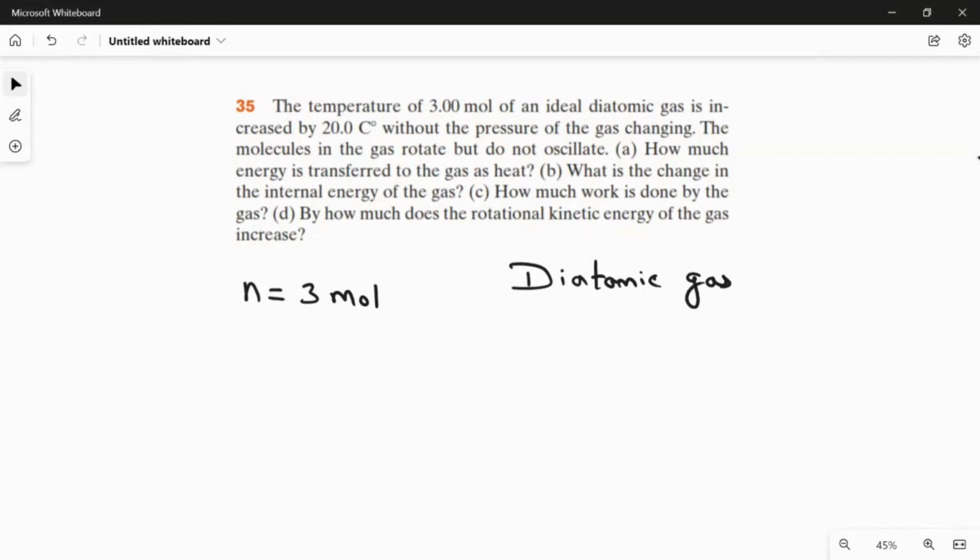And the most important thing here, its pressure is not changing. That means it's under constant pressure. And they also mentioned the change in temperature, which is 20 Celsius degrees. So here we have the unit as Celsius degree.